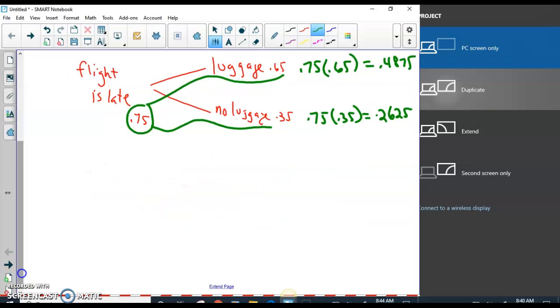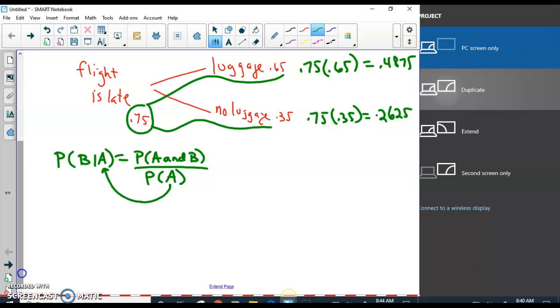So now I'm going to finally answer the question here. I'm going to use this formula to help me answer the question. The probability of B given A is the probability of A and B happening divided by the probability of A happening. Notice this matches this.